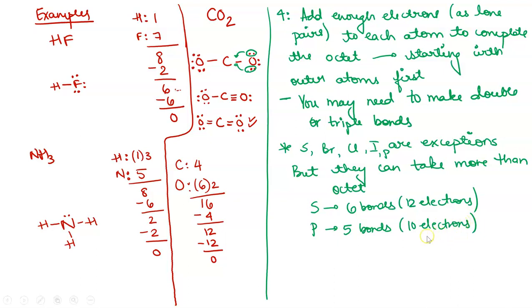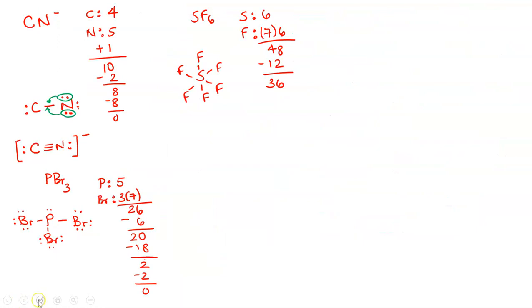All right, back to that example. Now we've put our bonds in here, so we have to complete the octets by putting lone pairs, starting with the outer atoms.